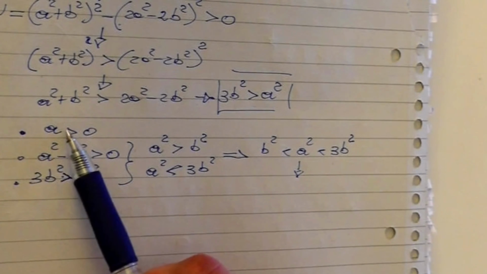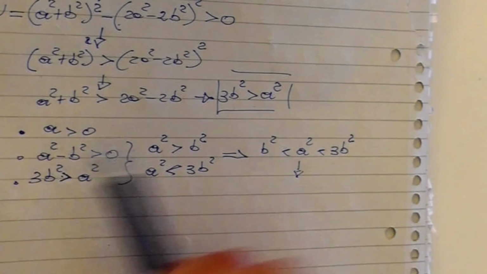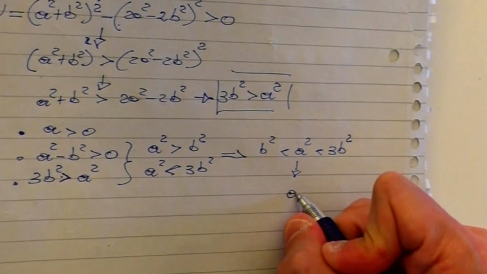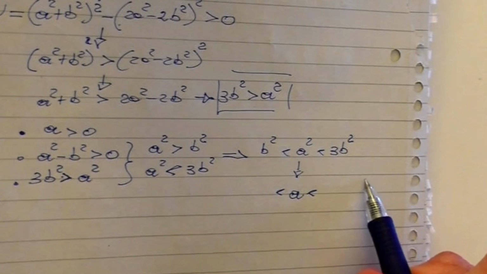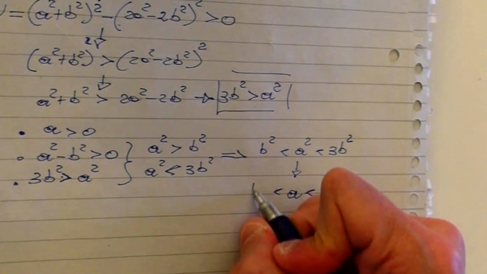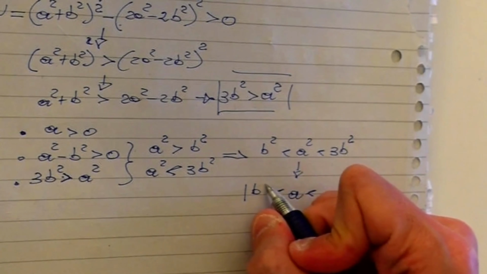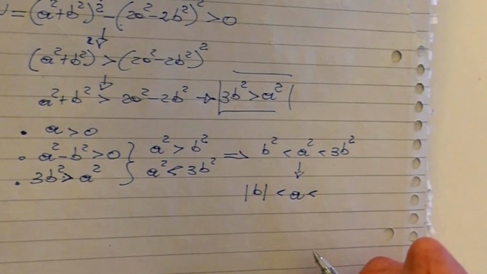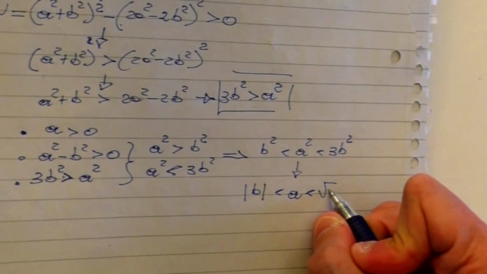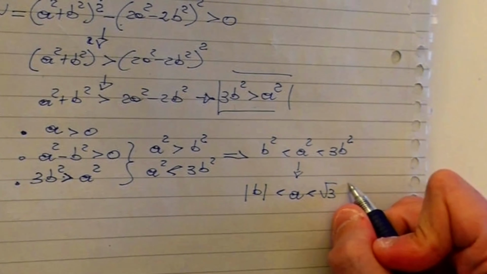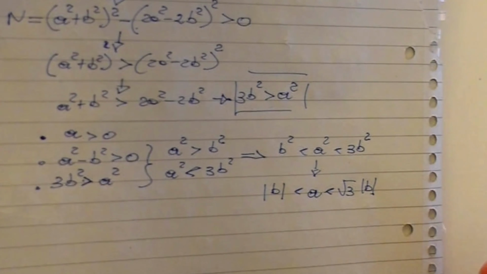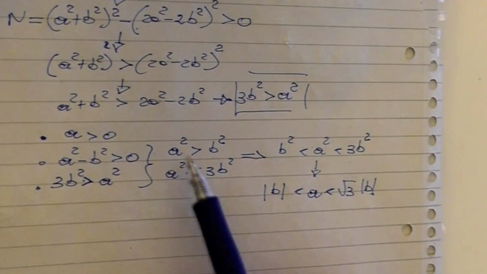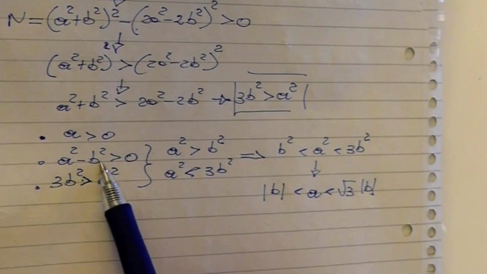Because a is positive. So we can write it this way, and when we calculate the square root of this, this requires the use of modulus, and this can be written this way. So this is a more concise way of combining these two conditions.